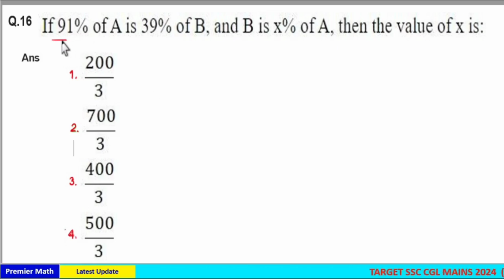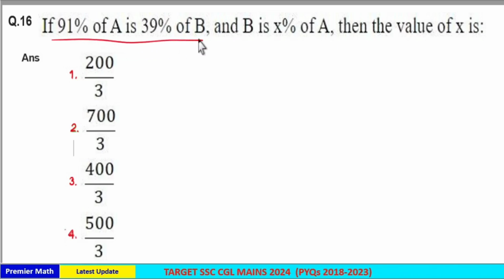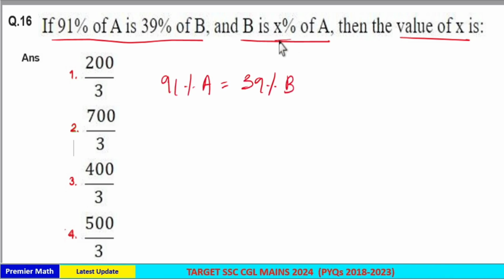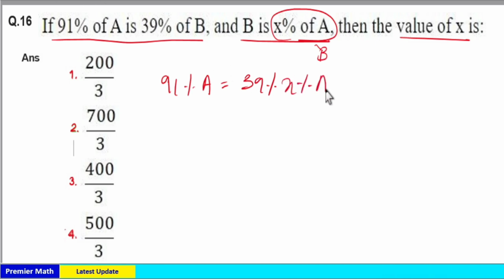If 91% of A is 39% of B and B is X% of A, then the value of X is. Here 91% of A is 39% of B. Here B is X% of A. So substitute the value of B here. B is X% of A. Now percentage A and percentage A cancel.